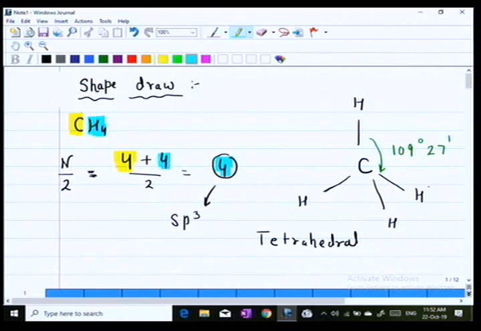So this 4 signifies that around the carbon there can be only 4 bonds. And we know that when we have got the 4 bonds, we can place those 4 bonds like this. This is the arrangement.